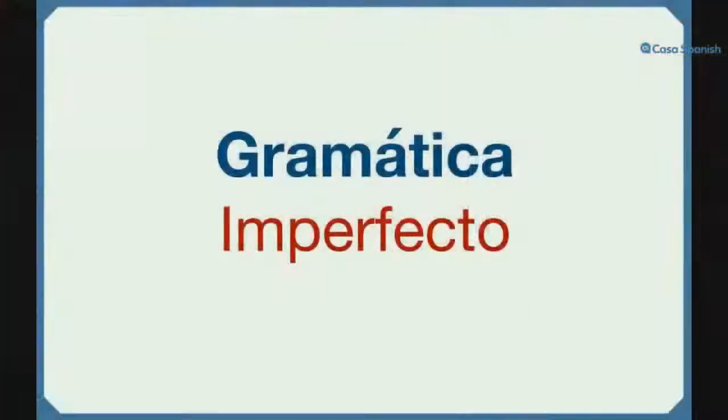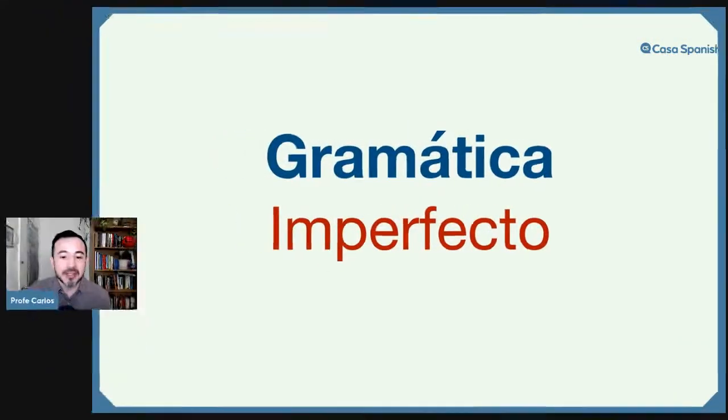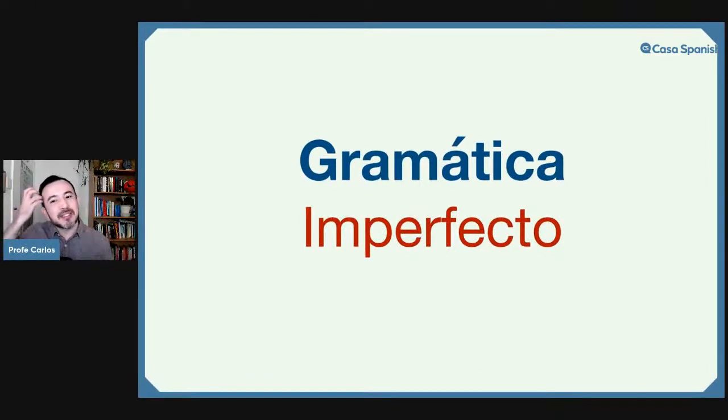So it's very subtle, as I was saying, because both tenses, preterite and imperfect, are in the past. But today I just want us to focus on the imperfect. Now, the reason why it is called imperfect is because there is this notion of something not being completed.